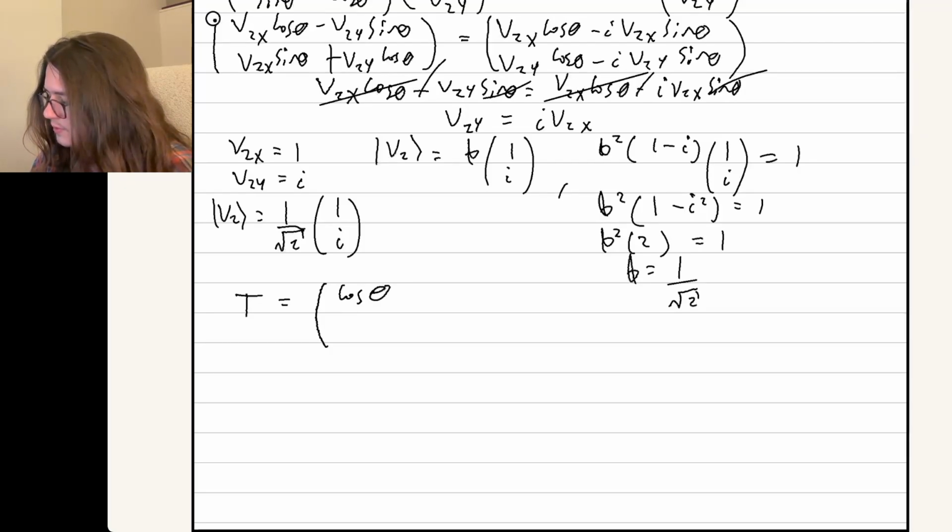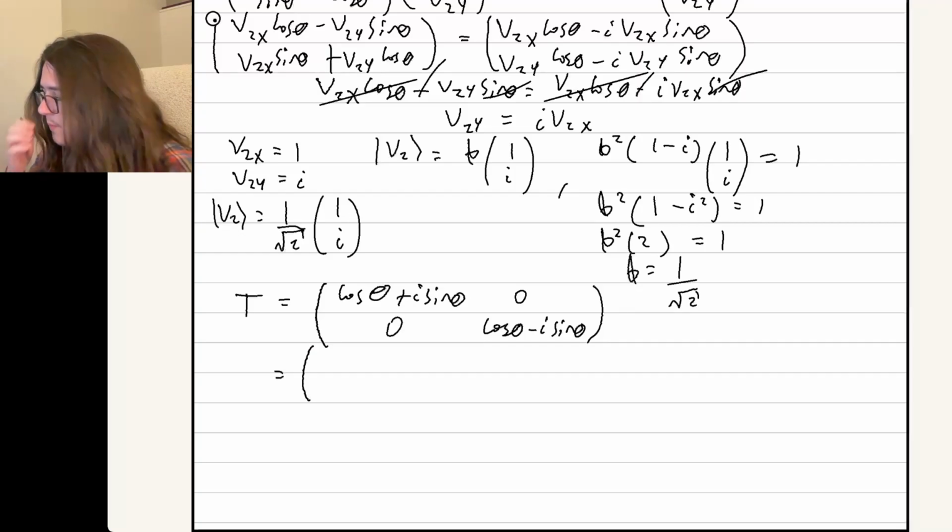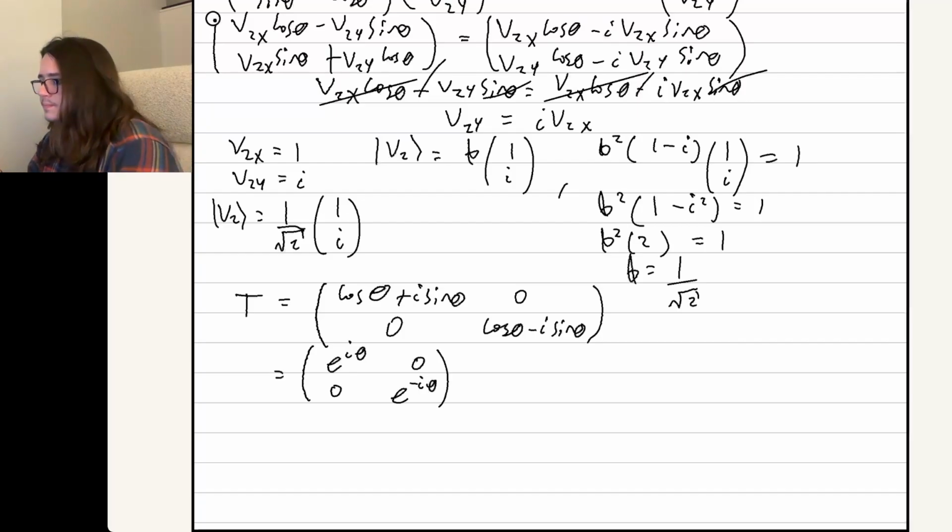So there's a version of reality where the rotation matrix just looks like this, right? And actually both of those are instances of Euler's identity, so you can also write it as e to the i theta, 0, 0, e to the minus i theta, right?